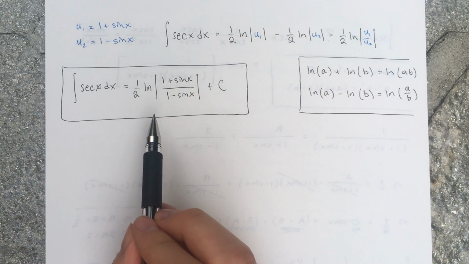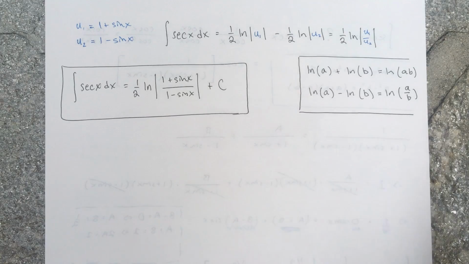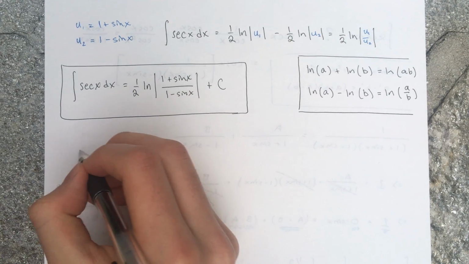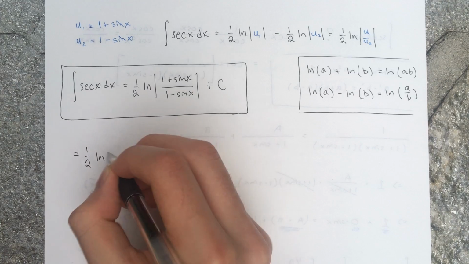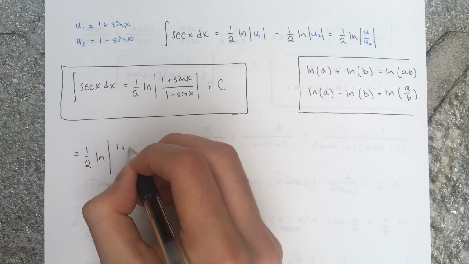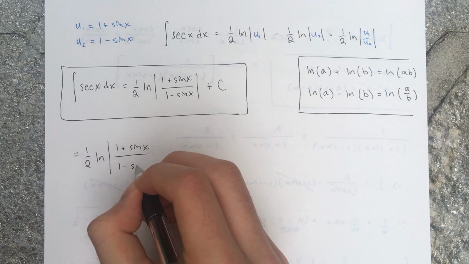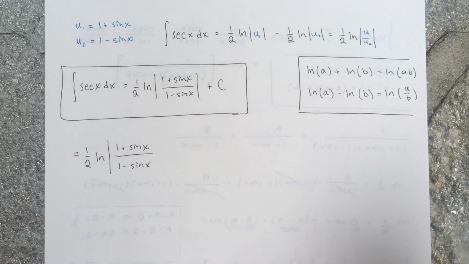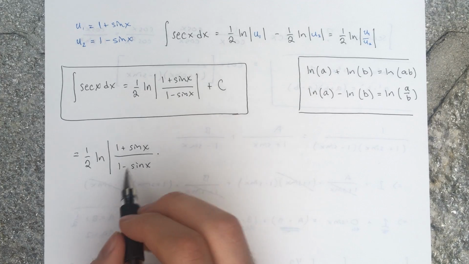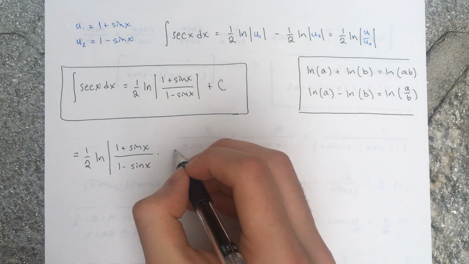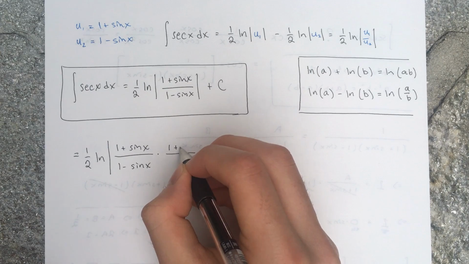So that's simply the integral. But of course, we can simplify this a little more by rewriting it like this. So we'll have 1/2 ln of 1 plus sine x over 1 minus sine x. And we'll once again multiply it by 1. This time just the conjugate of the bottom, which is going to be 1 plus sine x.